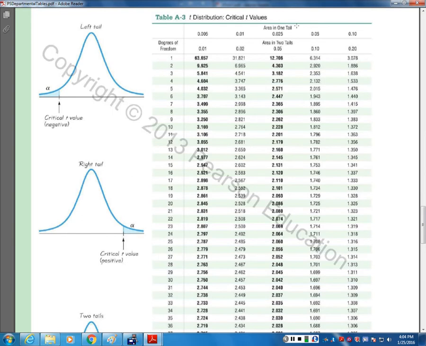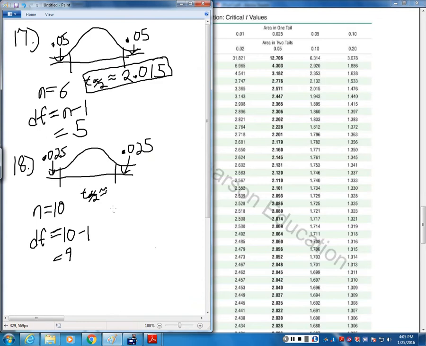Area in one tail was 0.025. It also gives me the middle column, so it doesn't really matter which one of these you choose to go by in these cases. I'll line that column up with the row, and I get 2.262. So that's my answer. The critical value is about 2.262. That's my critical t value.